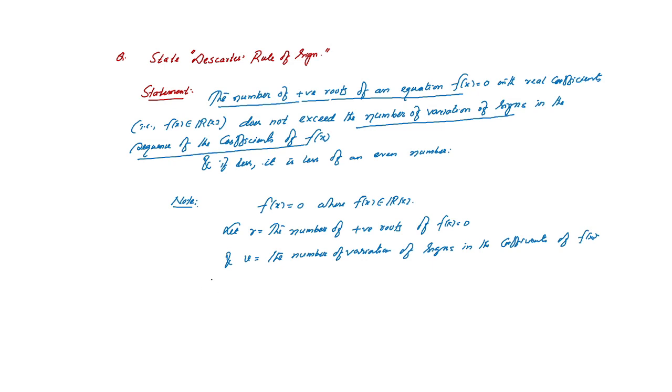Then by the given theorem, or by the Descartes' rule of sign, we conclude that the number of positive roots is less than or equal to v, and it does not exceed the number of variations of sign in the sequence of coefficients of f(x). So r is less than or equal to v, and if less, it is less by an even number.